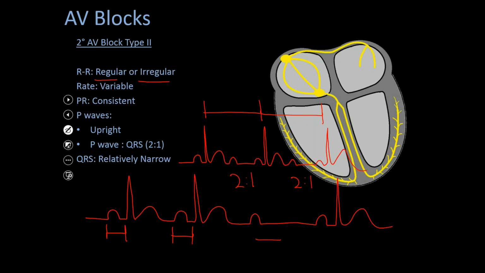However, if you were to search for strips that are labeled second degree AV block type 2, like on Google, you would come up with just basically consistent 2-to-1 blocks. So it can be a little confusing, but this scenario down here, that would be true second degree AV block type 2.